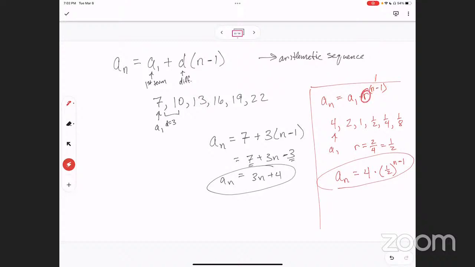I'm only multiplying by r one time to get to a sub 2. To get to a sub 3, I had to multiply it 2 times. So when you plug in a 3 here, that'll give you a 2, and that gives you the 2 times that you're multiplying by the 1/2. Because 1/2 to the second power means 1/2 times 1/2. You're multiplying it twice. Make sense?